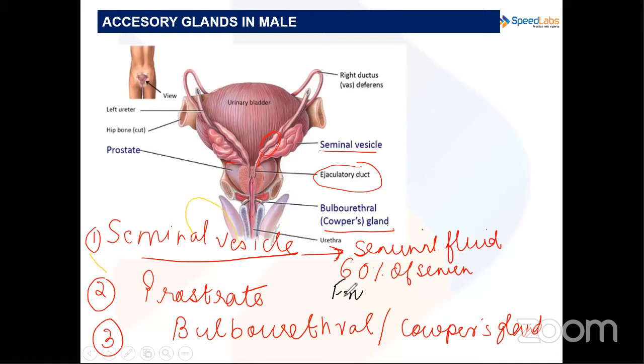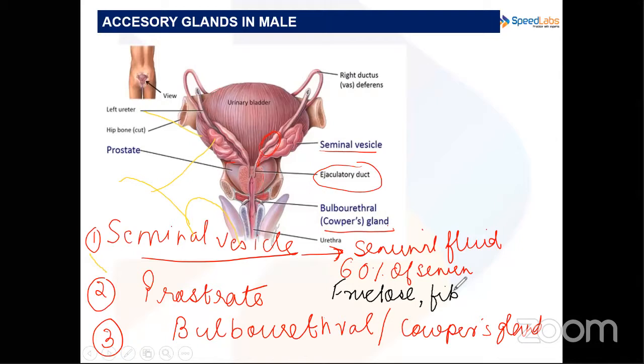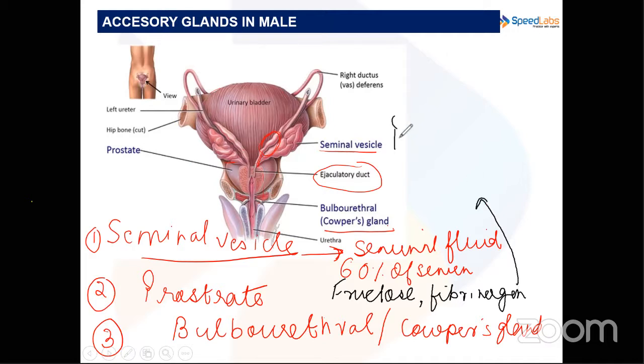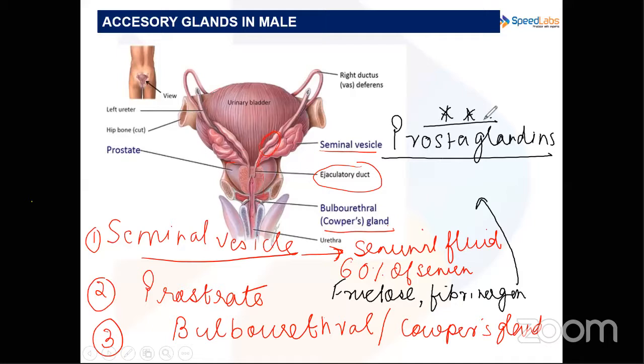Fructose, that provides energy to the sperms. Fibrinogen, that helps it to clot. And a very important substance called prostaglandins. What are prostaglandins? They are derivatives of arachidonic acid.